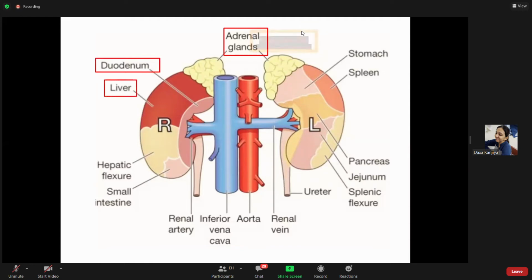Upper 2/3 portion is related with the right lobe of liver. Lower 1/3 portion is related with the hepatic flexure of the colon and the ascending colon. And the portion near the lower pole is related with the coils of jejunum.